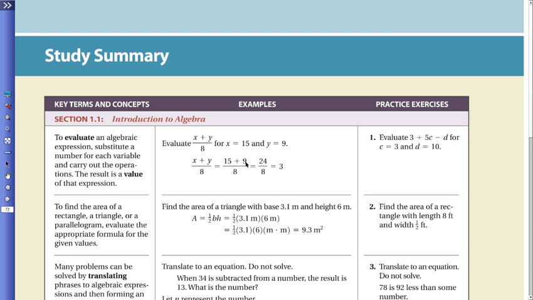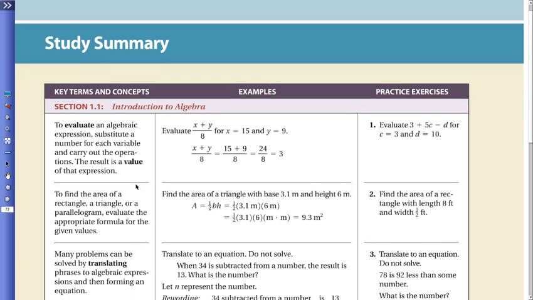So this 15 plus 9 is really in grouping symbols, so that operation needs to be performed before the division by 8. The value they're talking about is the value of this expression when you substitute in these values to evaluate.